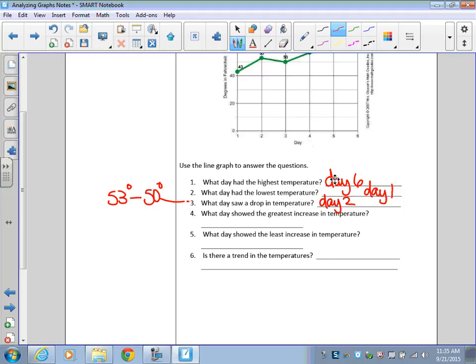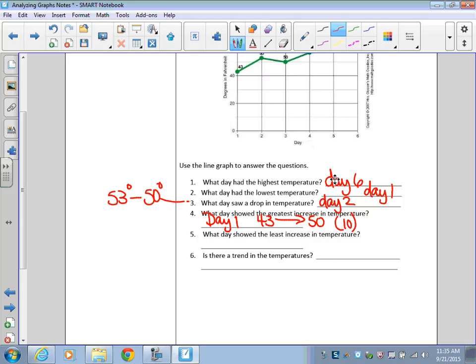Problem number 4. What day showed the greatest increase in temperature? That's going to be day 1, because in day 1, you went from 43 to 53. So you moved up, and you moved up by 10.